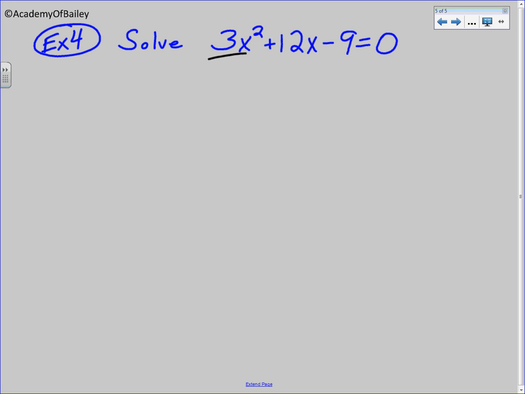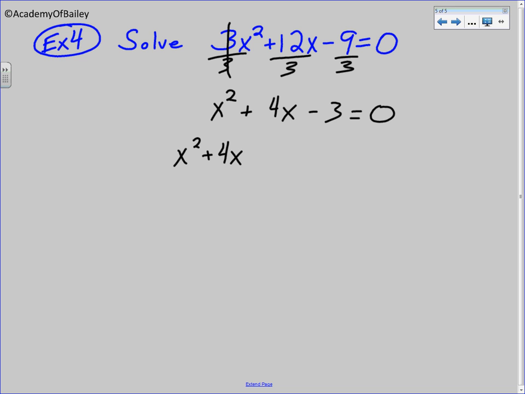So let's go ahead and divide by 3 here to cancel and give us x squared. Divide this by 3 and divide this by 3. So that's plus 4x minus 3 is equal to 0. And then we're going to go x squared plus 4x is equal to, and let's add 3 to both sides. So that way now we can complete the square. Remember, c is going to be half of b.